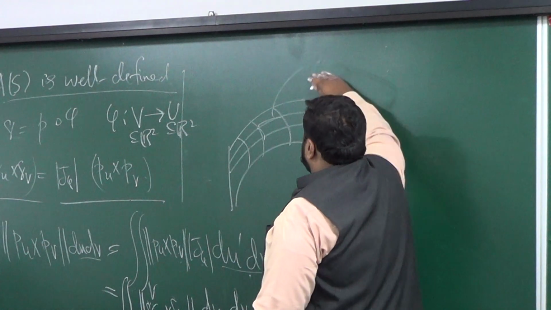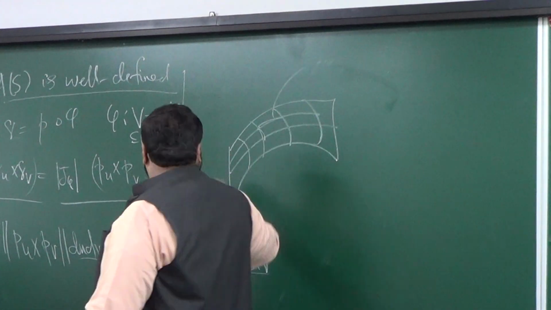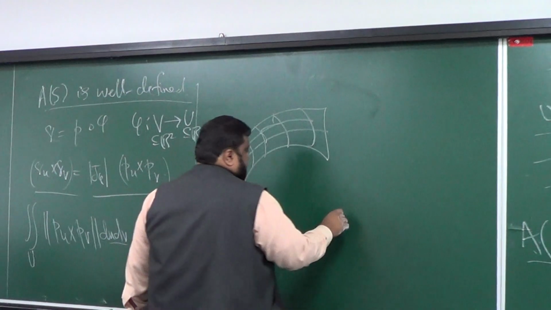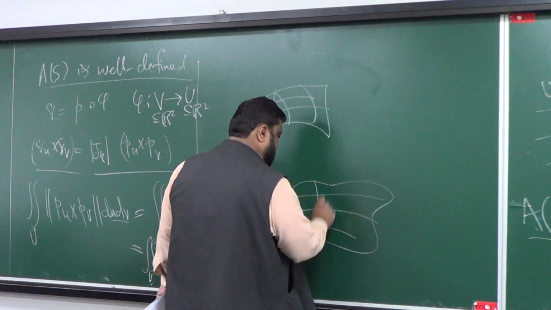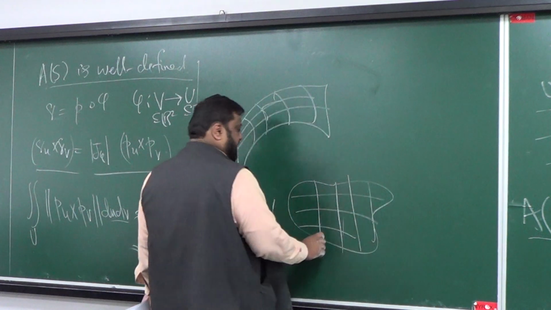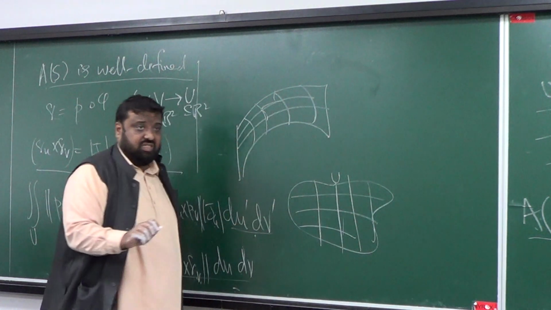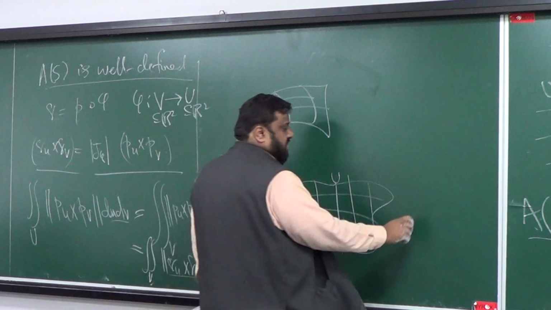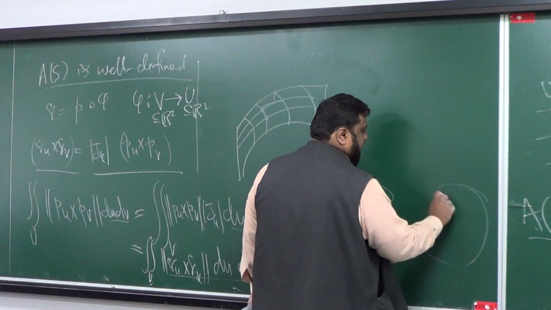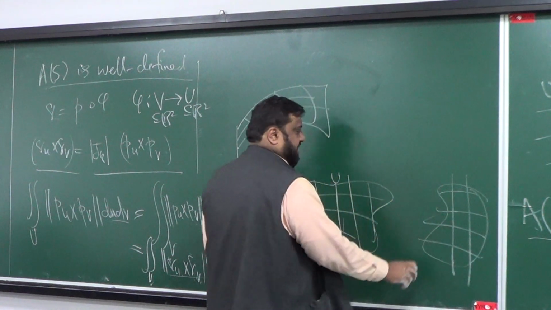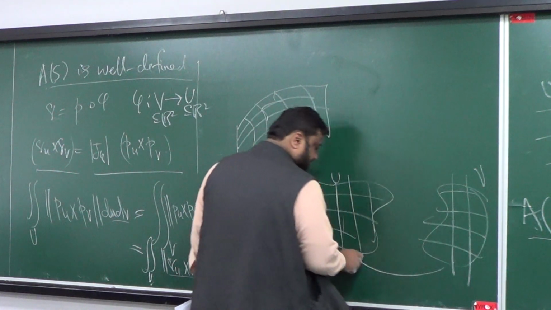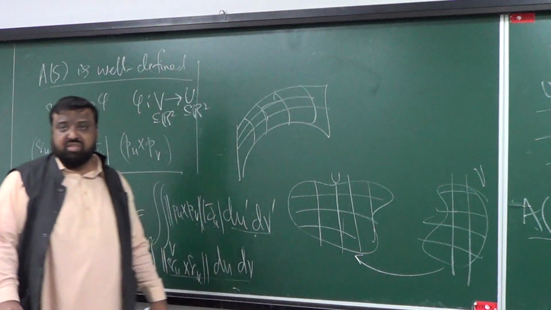No, the better way to say this: I know that I have a domain, that is U, and I have a phi, and this is V. So phi is taking me from here to here.